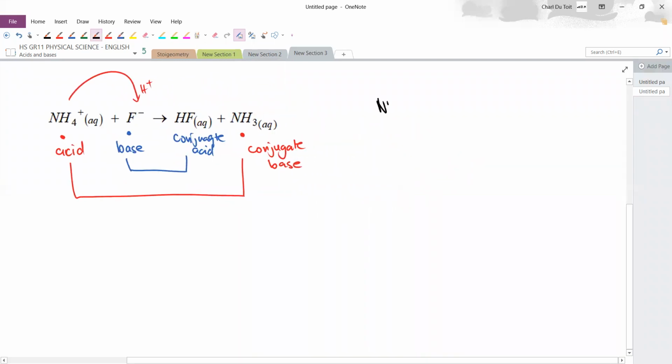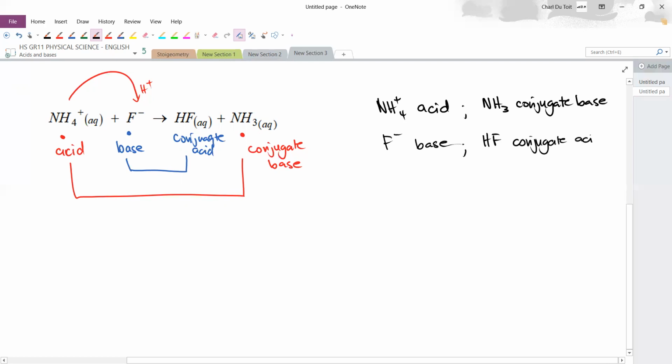Then you can write NH4 plus is an acid, and NH3 is the conjugate base. And then I write fluorine ions is a base, and hydrogen fluoride is the conjugate acid. That's one way of asking it.